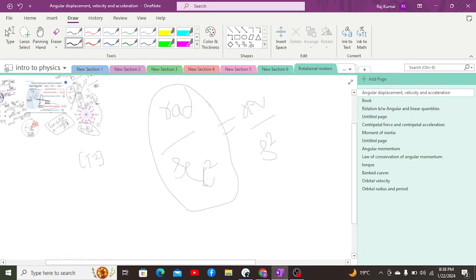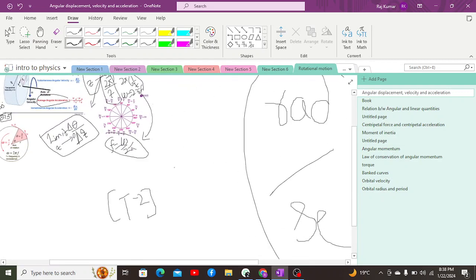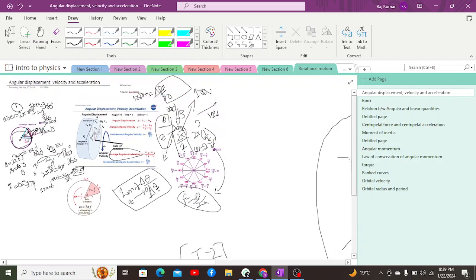Apart from that, the direction of angular acceleration is positive if the angular motion is in the counterclockwise direction, because when the circle is moving counterclockwise, the angular acceleration moves outward from the circle, due to which it is positive. If it is moving clockwise, then it moves inward, due to which it is considered negative. We are also going to discuss the concept of radial acceleration after this.